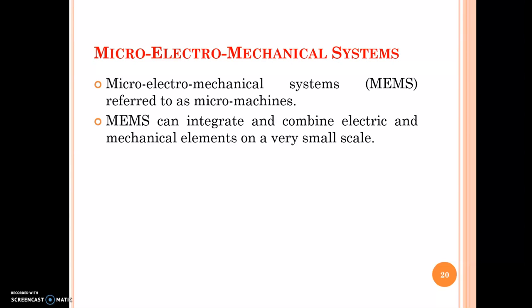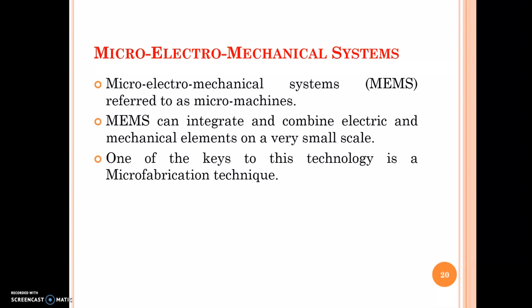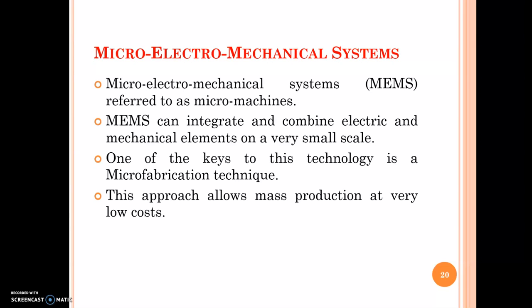The combination of tiny size, low cost, and the ability of mass production makes MEMS an attractive option for a large number of IoT applications, because I can develop an IoT application at a very low cost, and then it is going to reach the maximum number of people, and that's why I think that makes IoT so popular.